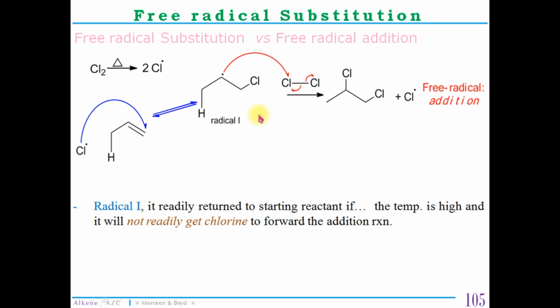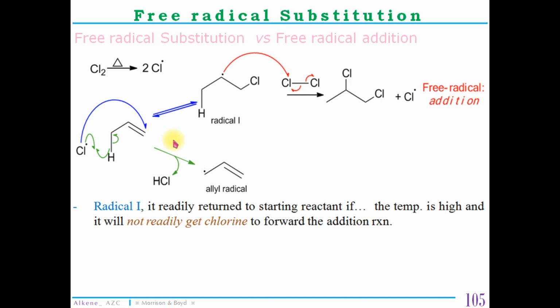Therefore at high temperature this radical will not readily get chlorine gas. So at high temperature the majority of this radical converts back into starting material rather than going through this forward addition reaction.